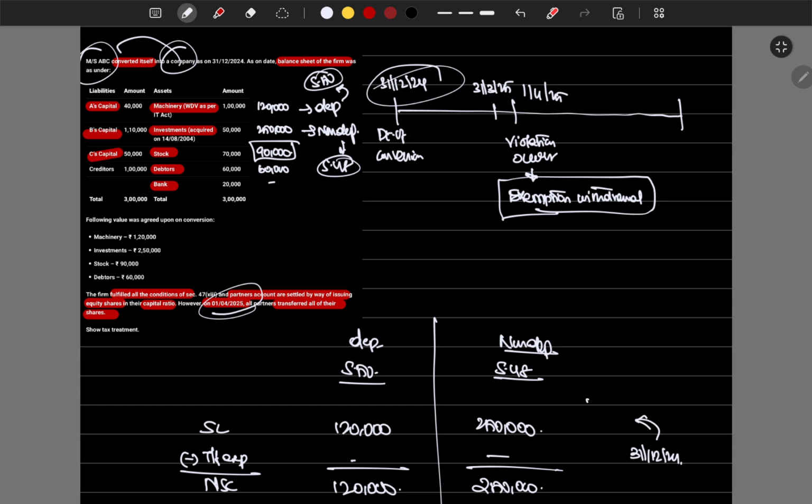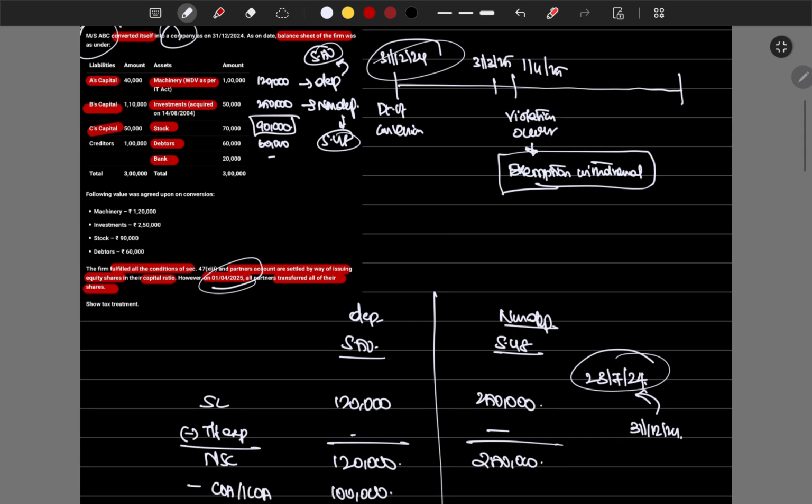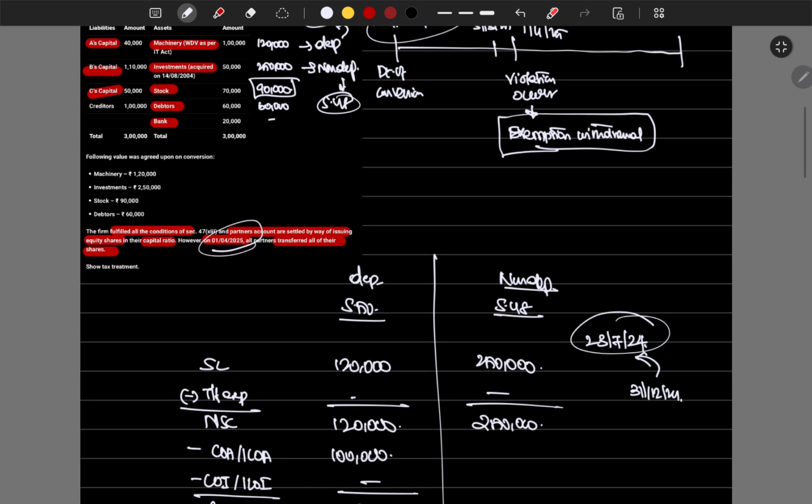If it were before 23-7-24, there would be a chance of calculating the indexed cost of acquisition, but this occurrence is after 23rd July 2024, so we don't need to calculate any indexation, and we can do it directly.